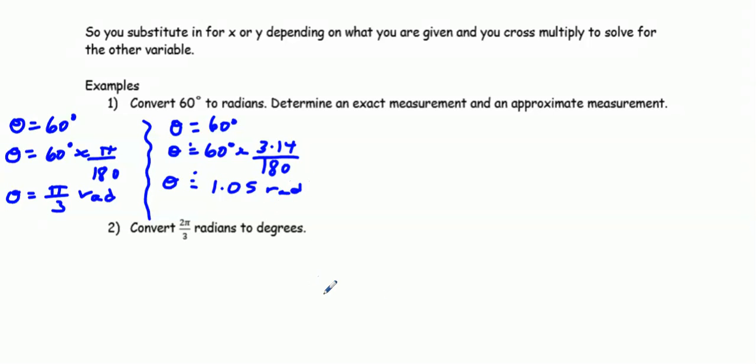So you should really have a good idea in your head of what 1.05 radians looks like. Let's take a second to think about that.